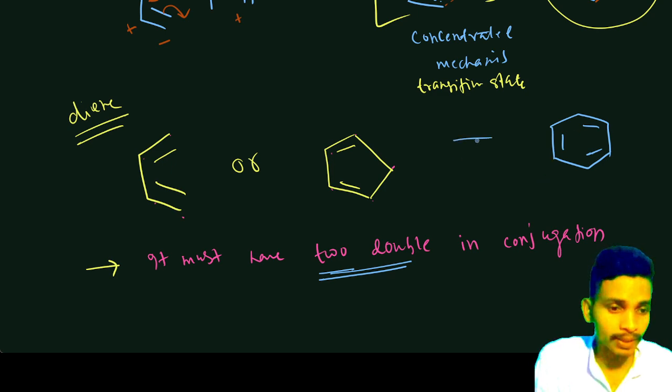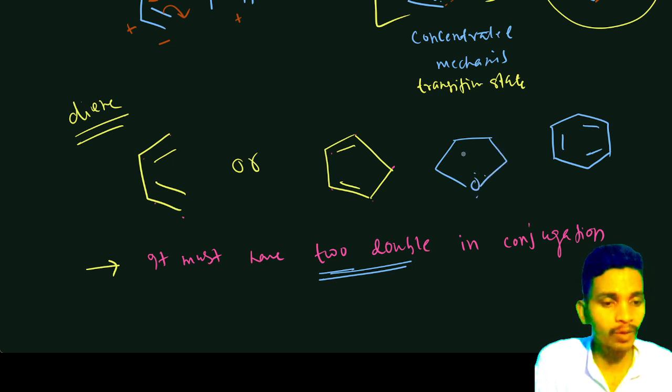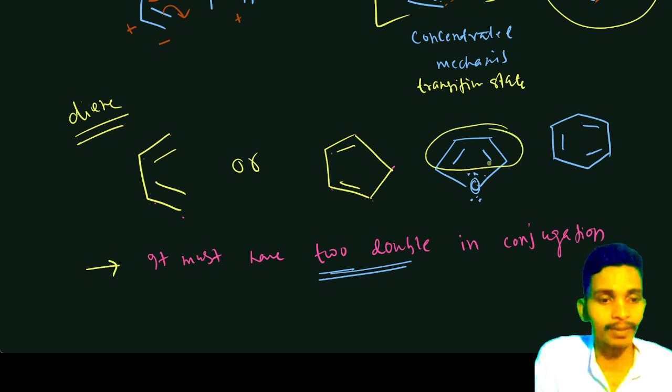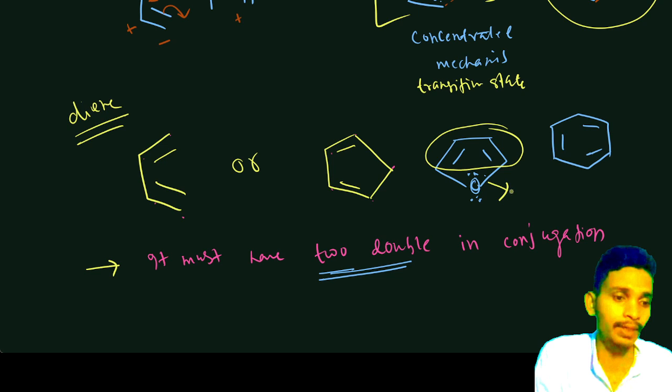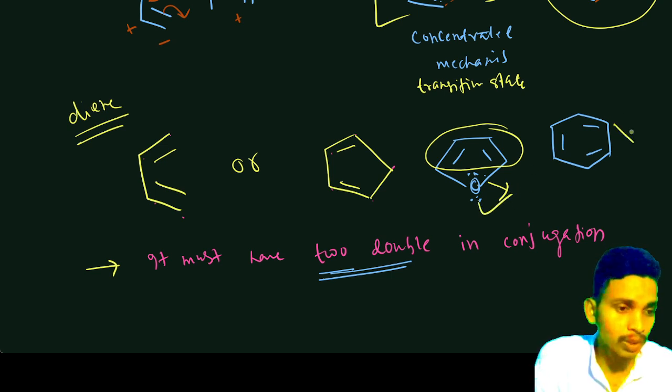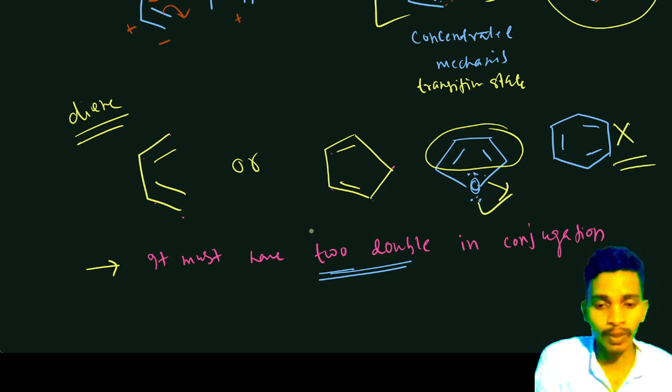But in this other case, there is a lone pair, and since oxygen is highly electronegative, the lone pair electrons are strongly bound by the oxygen. It means that these double bonds are freely available and also in conjugation. So this shows diene character, which is why this will do the Diels-Alder reaction, but the other will not. That's what we discussed.